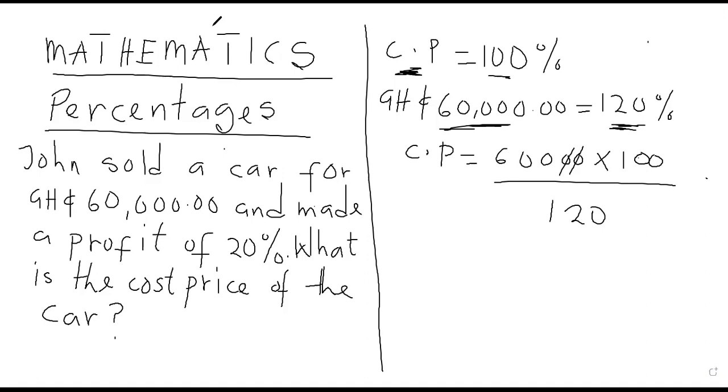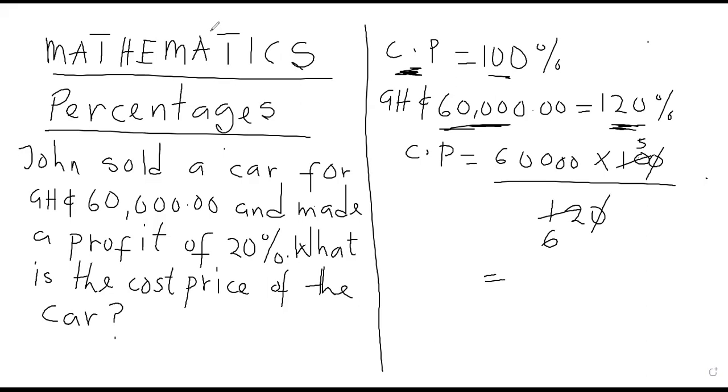So let us do the cancellation very well. So that's my 60,000. So 0 will cancel 0. Okay, and 2 can do the job for you. 2 times 6 will give us 12. 2 times 5 will give us 10. 6 can do the job for you again.